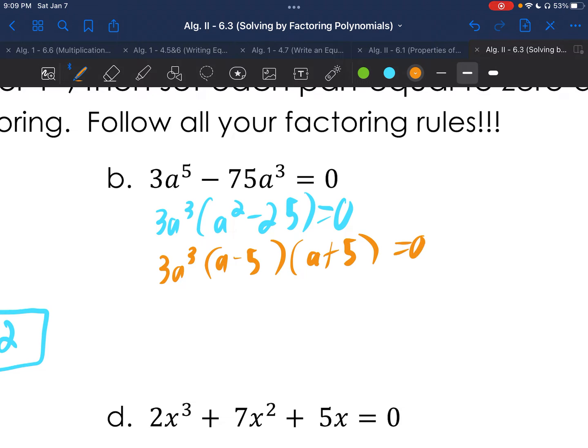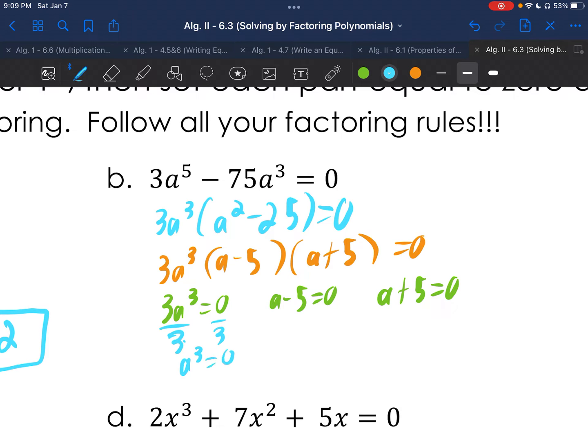That still equals 0. Set each of these equal to 0 and solve each of them. This one results, after you divide by 3, in a cubed equals 0.